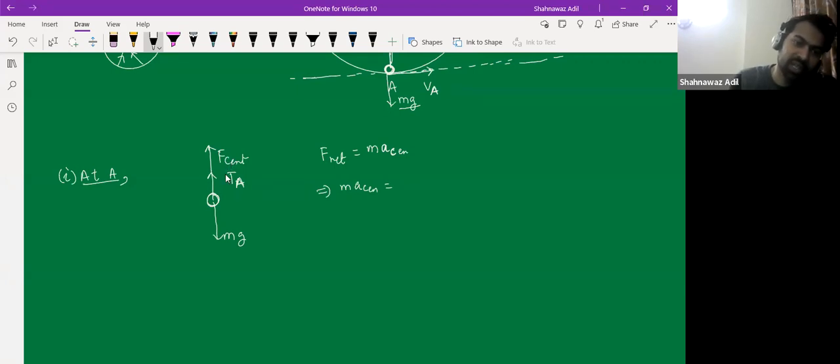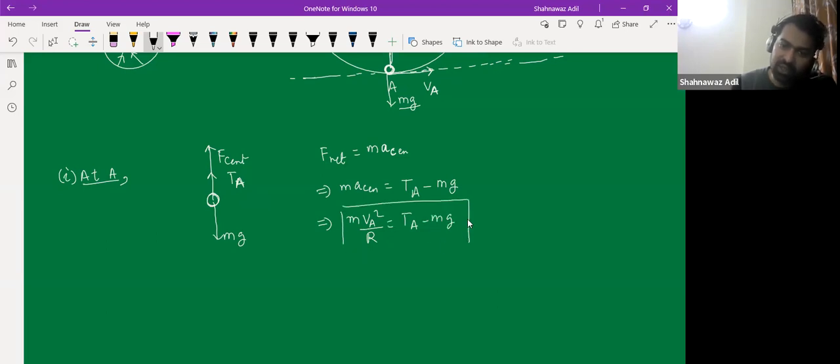Okay, centripetal is in the direction of TA, so TA is positive, then mg is negative. And the centripetal acceleration is v A squared by r. So m v A squared by r equals TA minus mg. This is our first equation.